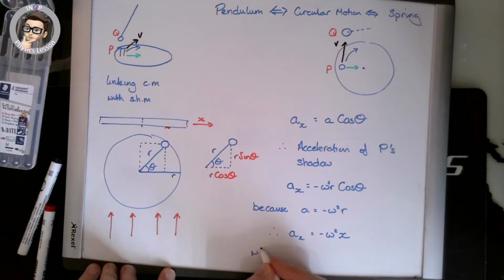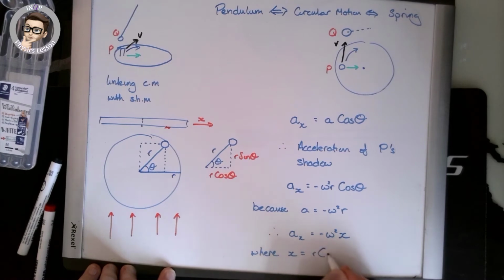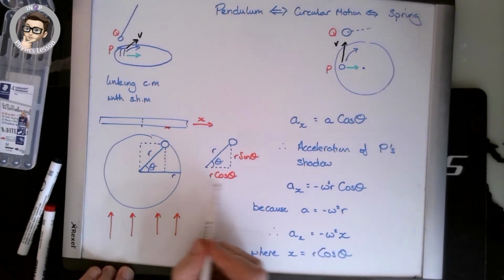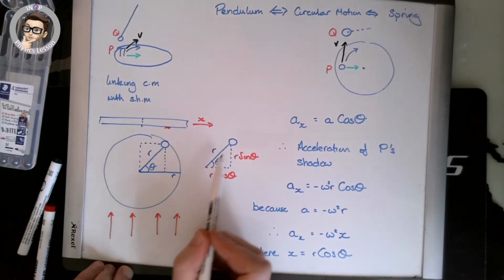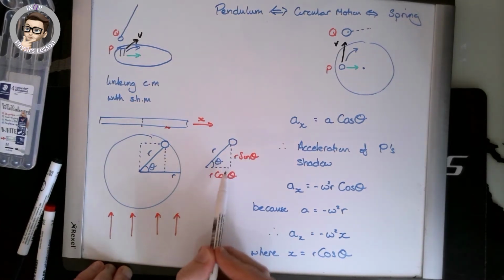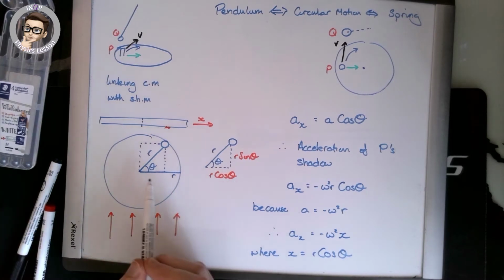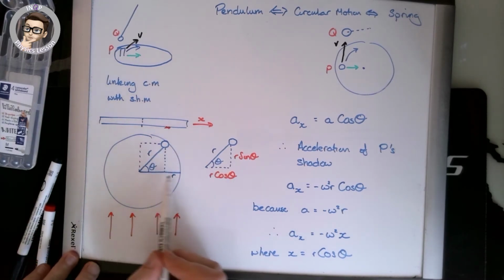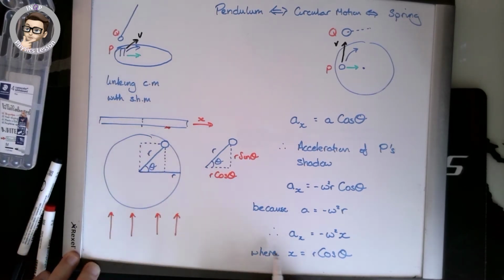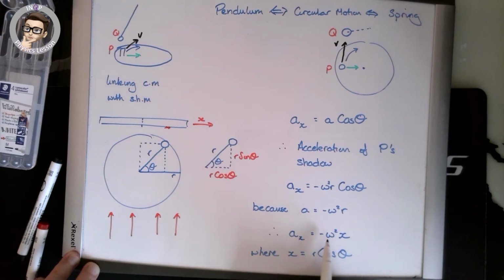Where, and we'll add a little caveat here, x is equal to r cosine theta, and that comes from this part here. So it comes from the fact that we've got a proportion of our displacement in the x direction as being r cosine theta related to how far around the circle we've gone. So x is equal to r cosine theta. We're now back at acceleration in the x direction is minus omega squared x.